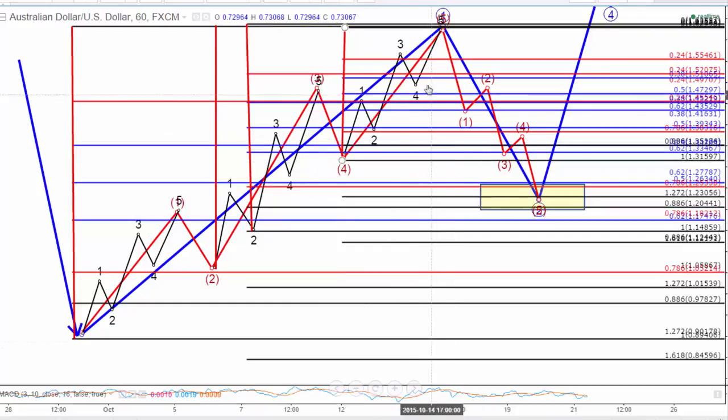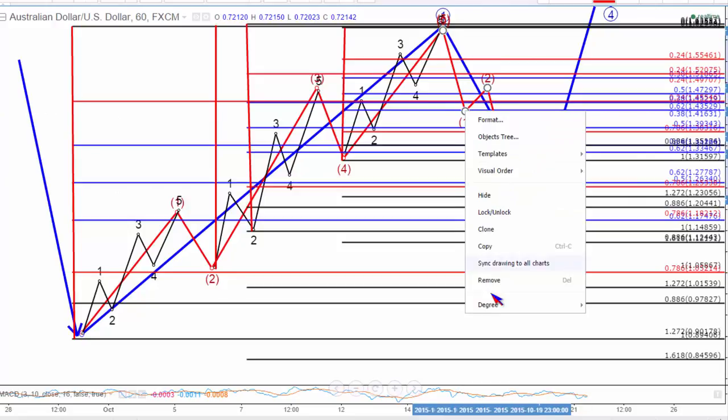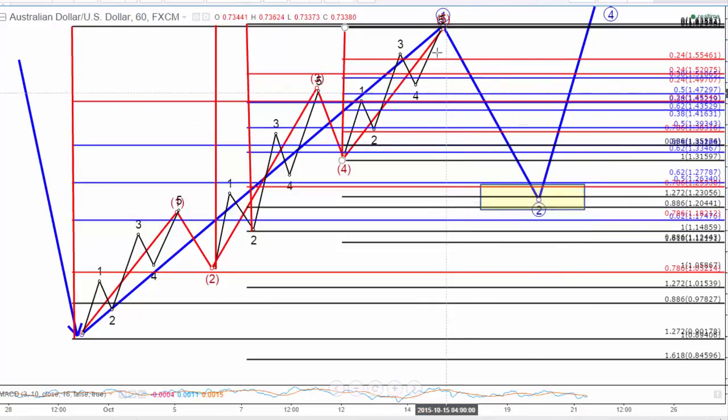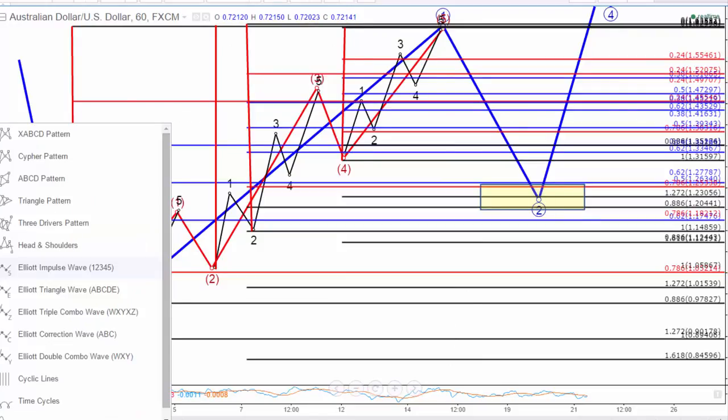When the markets form these patterns, you may get a big retracement like this, or you may get something like this. It all depends how they come off the high. You may get something where the market wants to do a corrective wave, and I'll show you what we mean.